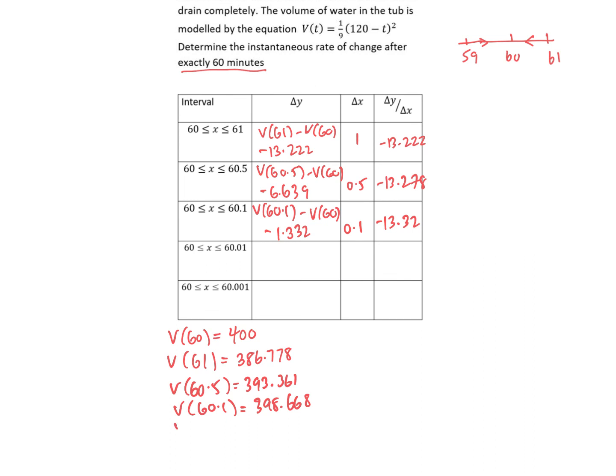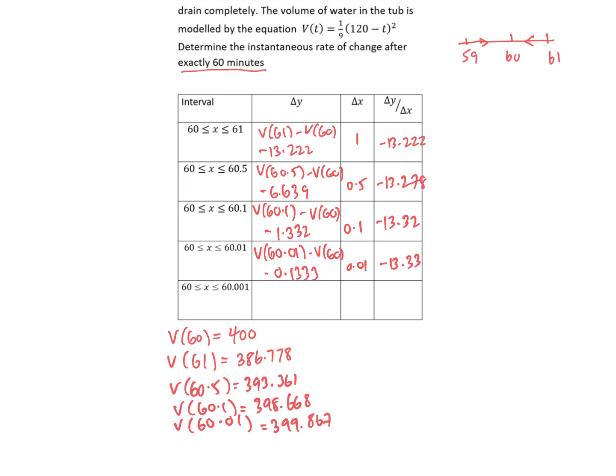And I'll do one last one at 60.01. Like I said, there's no definite number of intervals. I just want to show as much consistency as I can. So V of 60.01 minus V of 60. Delta x is 0.01, and that works out to be negative 13.33.